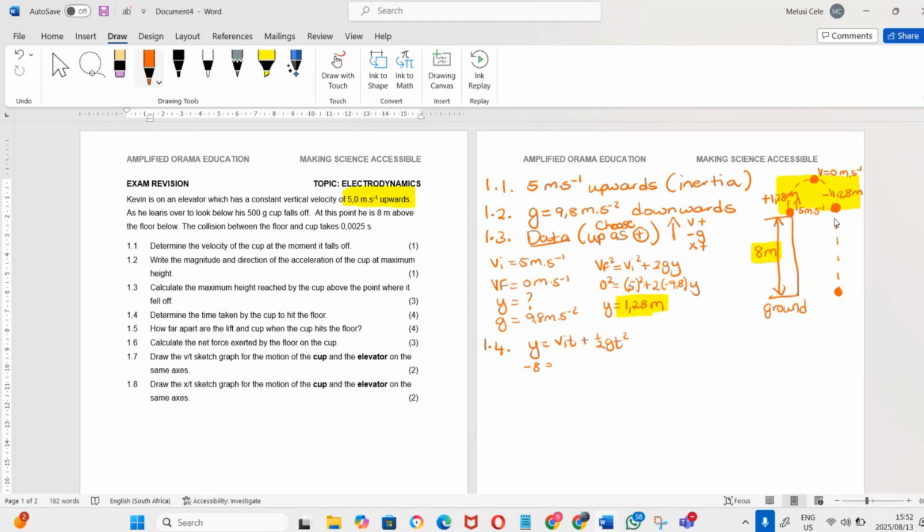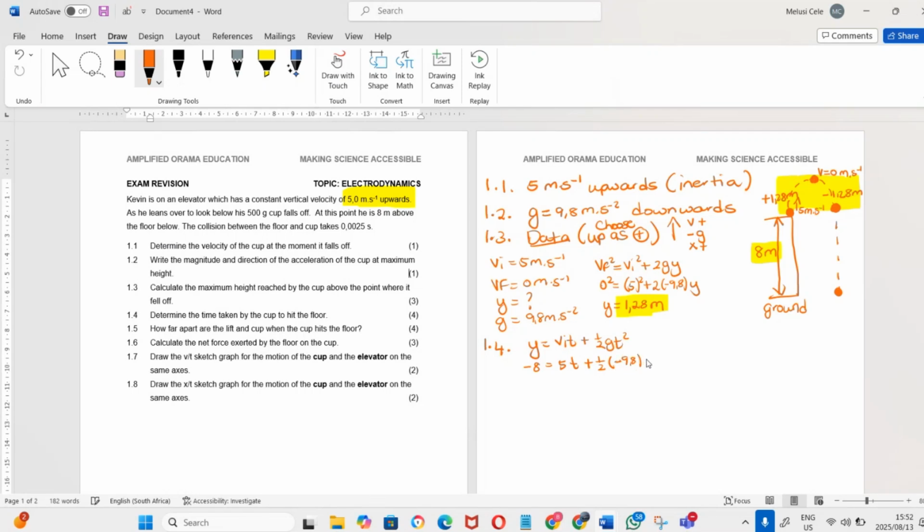So I'm going to set up an equation, and from the look of things, a quadratic equation. When I substitute the negative 8, I remember I do know the velocity at which the cup falls. It's 5 meters upwards. I do not have time, and I'm going to say plus a half, negative 9.8.